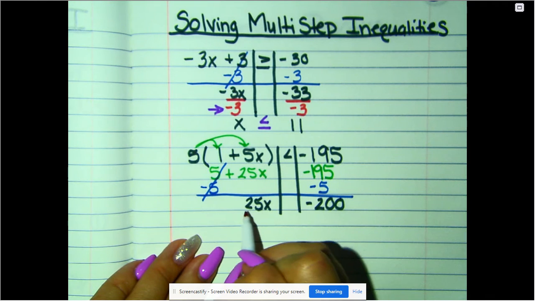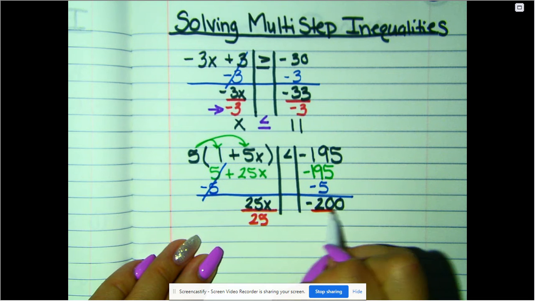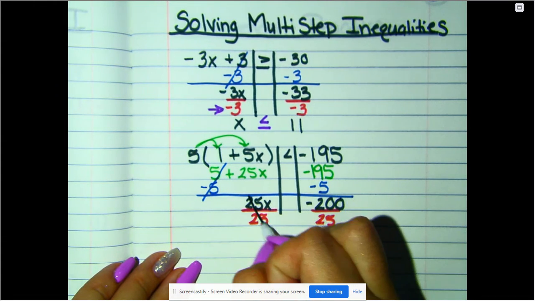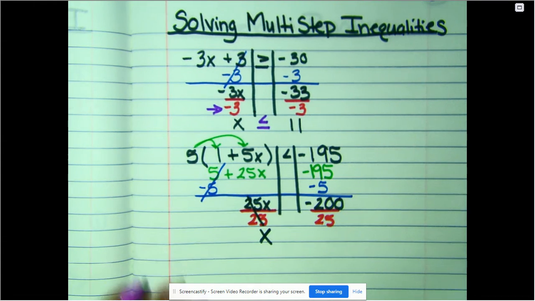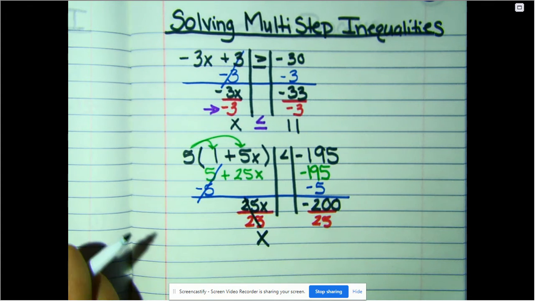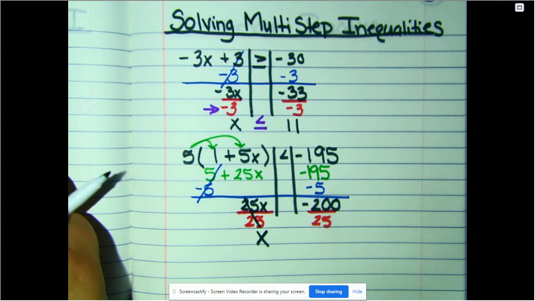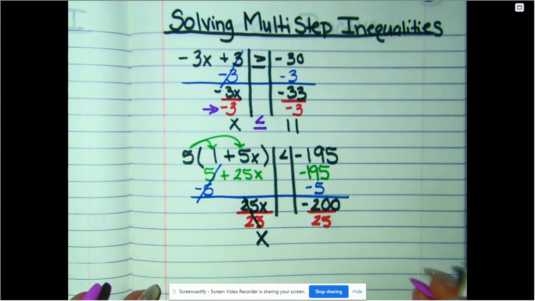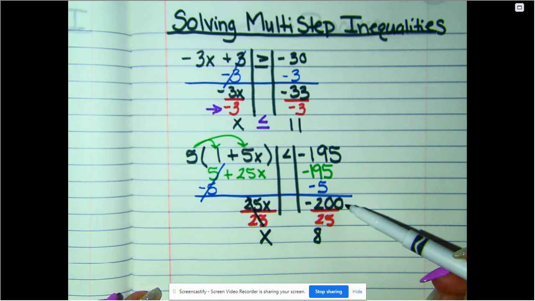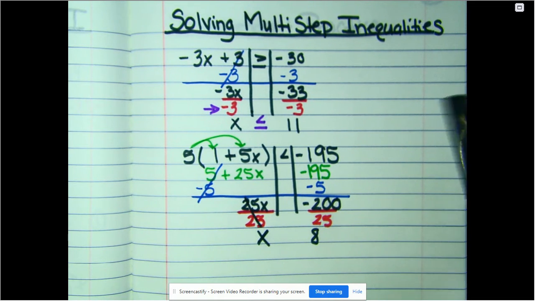My next step is dividing by 25, which is a positive number. 25 divided by 25 cancels, so I'm left with x. And then I have negative 200 divided by 25, and that answer is negative 8. Now, what do we do with my sign? Did you divide by a negative?